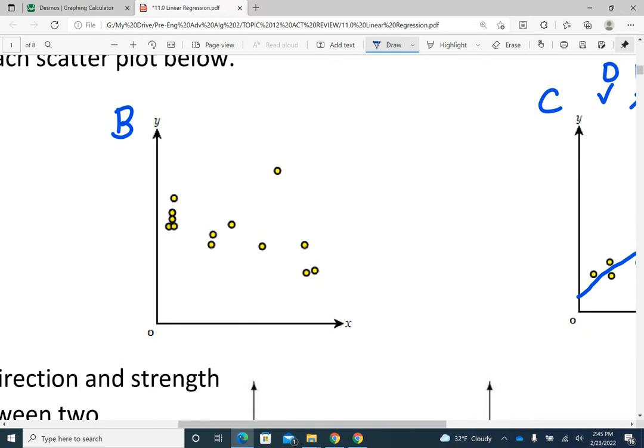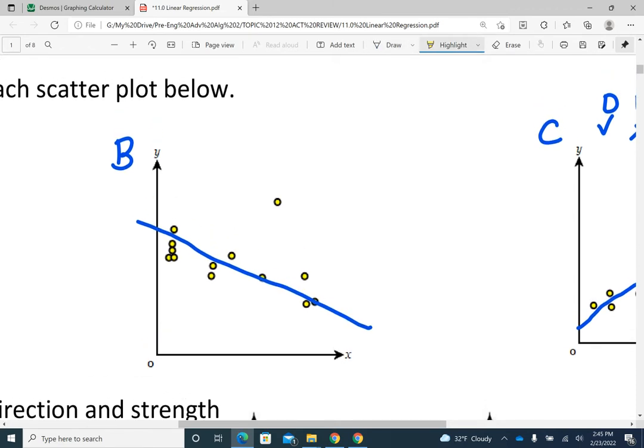The second one, I would love to make this be a line. So let's see, if I try to draw one here, then if I look at this group of points, whoops, I didn't mean to erase that. I meant to draw.